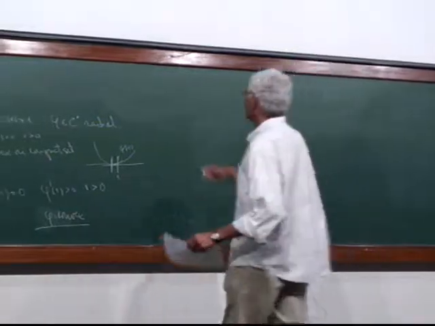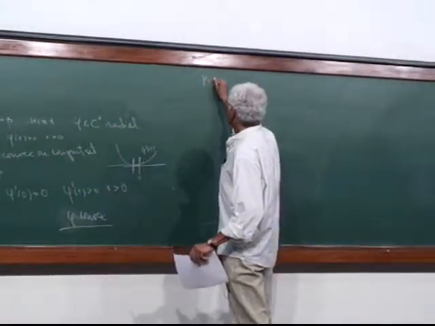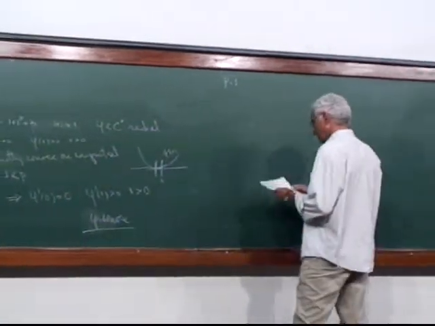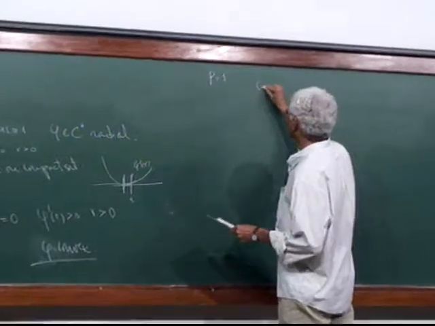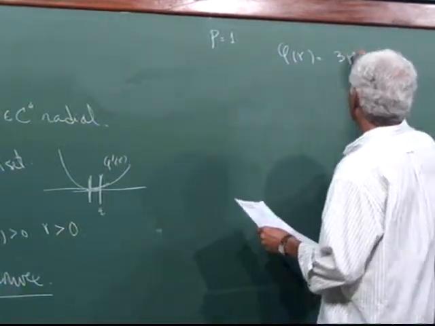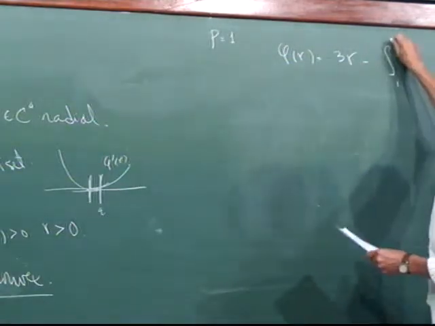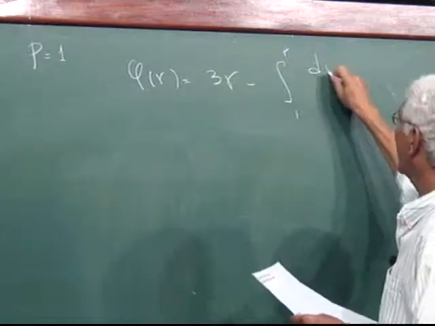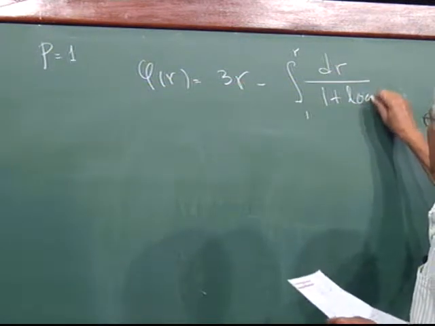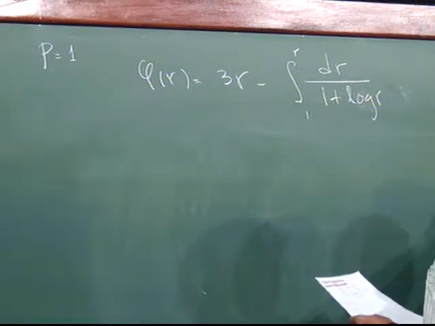If P is equal to 1, you have the problem that you cannot grow linearly. Then you do this trick. You choose your function to be this one. Phi of r is going to be, I don't know, 3r minus the integral between 1 and r, dr over 1 plus the log of r, if r is more than 1.